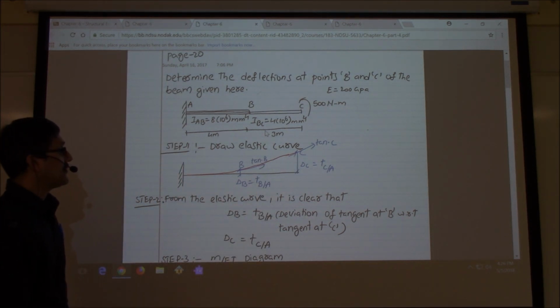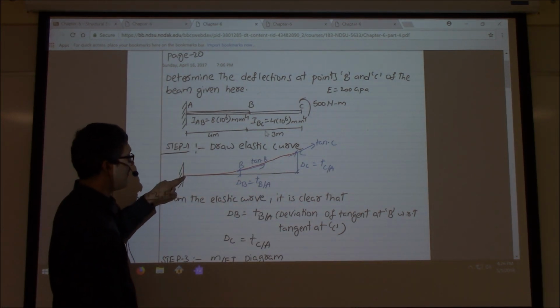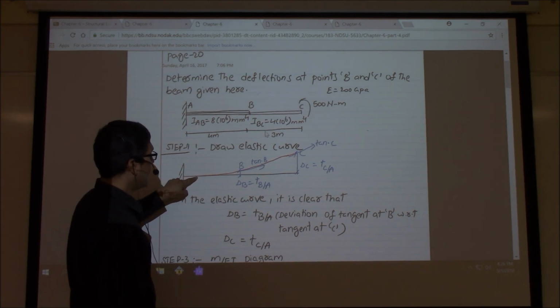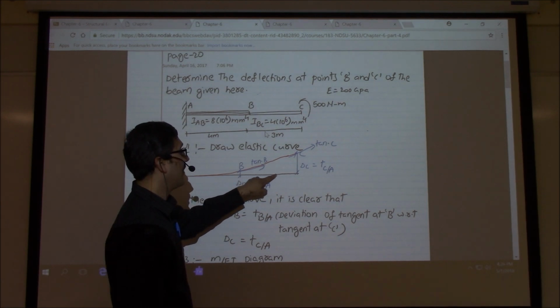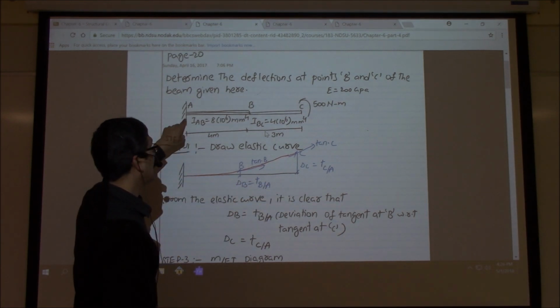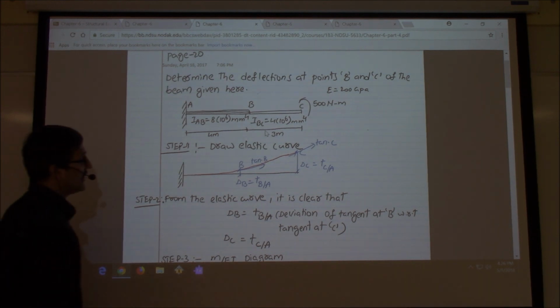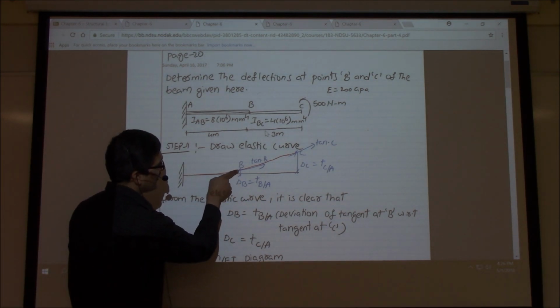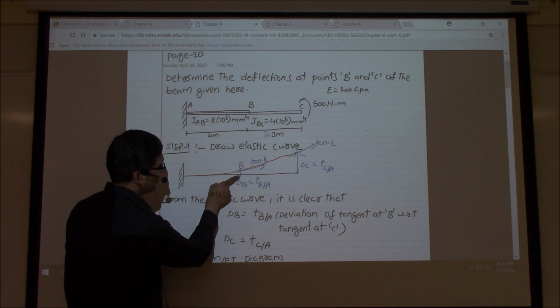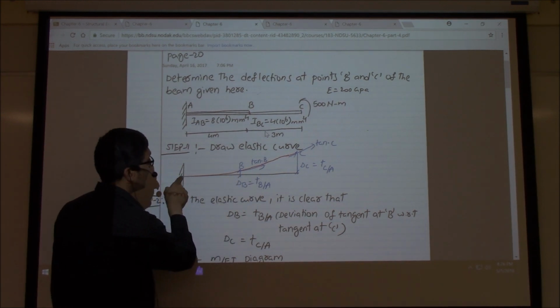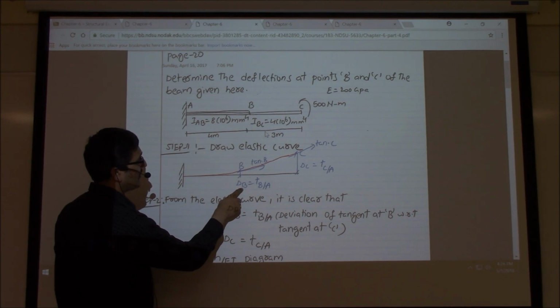And the most important thing is, if I draw a tangent through this particular point, it coincides with the undeflected beam, which is nothing but ABC. So not only that, the deviation of the point B with respect to the tangent that is passing through this point is nothing but my delta B, right?